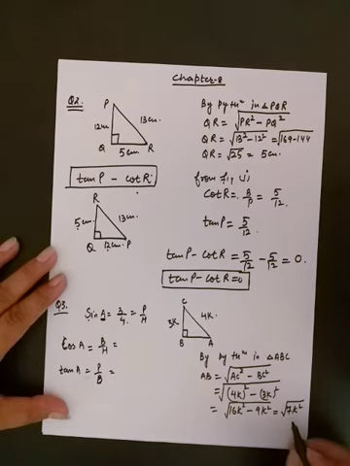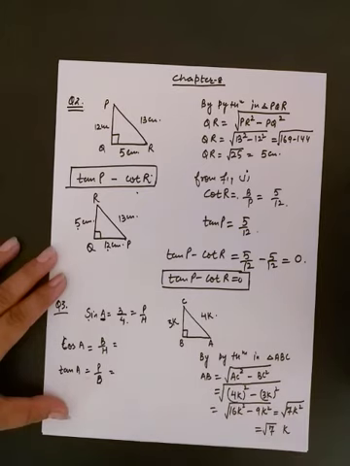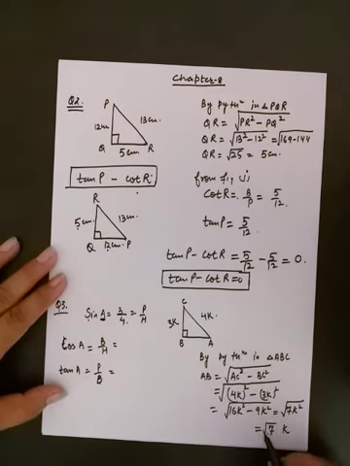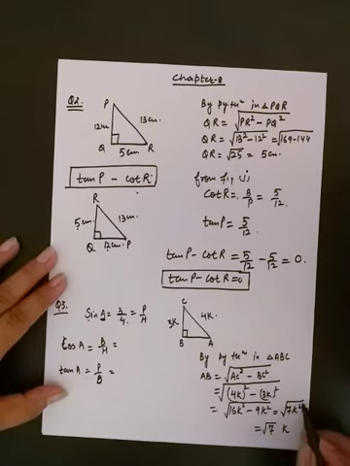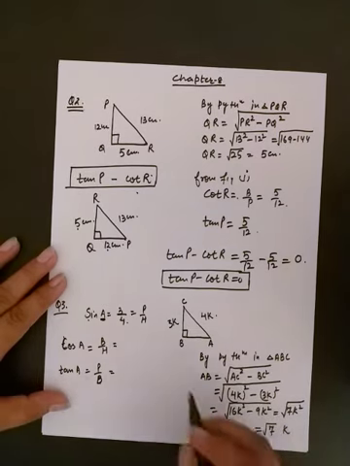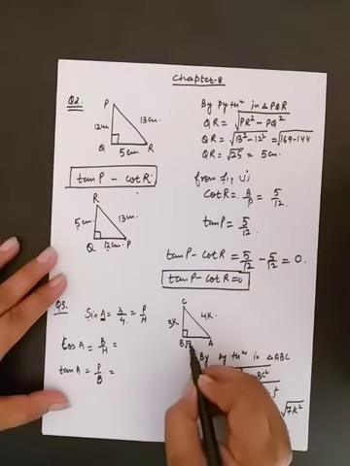When we take square root of 7k square, it will become root 7k, because 7 is not a square number, so root sign will be there, and square root of k square will be k. So AB is root 7k. We can write this value here.